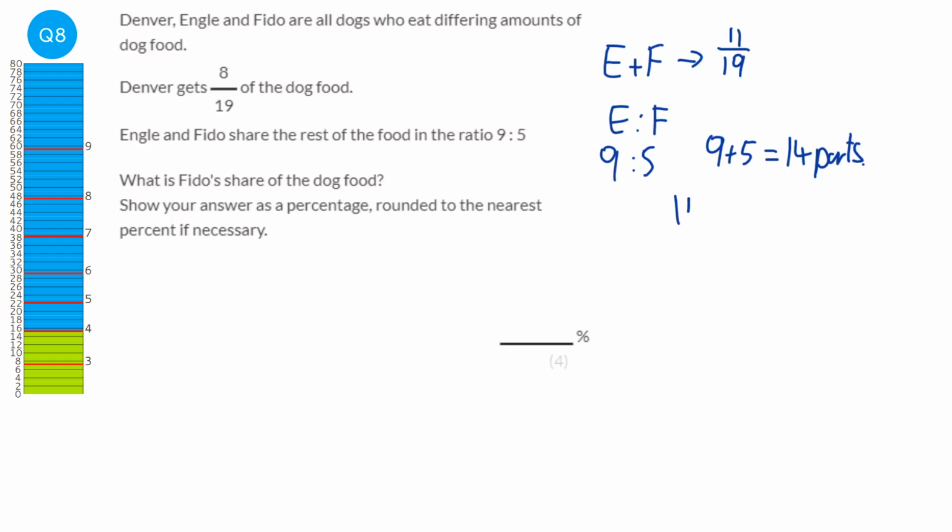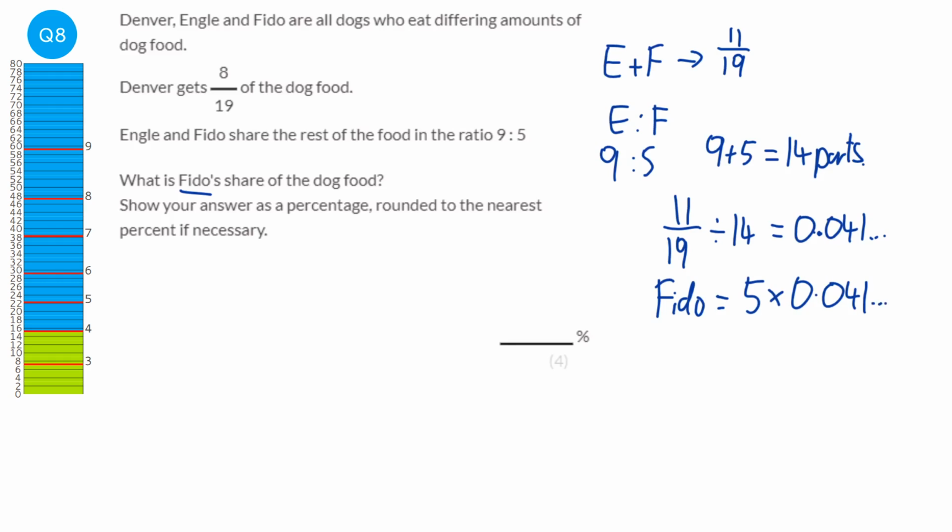So what I'm going to do is to find out what fraction one of those parts is worth by dividing 11/19 by 14. So each part is worth, and I'm just going to keep this in my calculator, 0.041 and so on. And we're asked to find Fido's share. Well, Fido has 5 parts, each of them worth 0.041 and so on. I've kept it in my calculator to keep the accuracy.